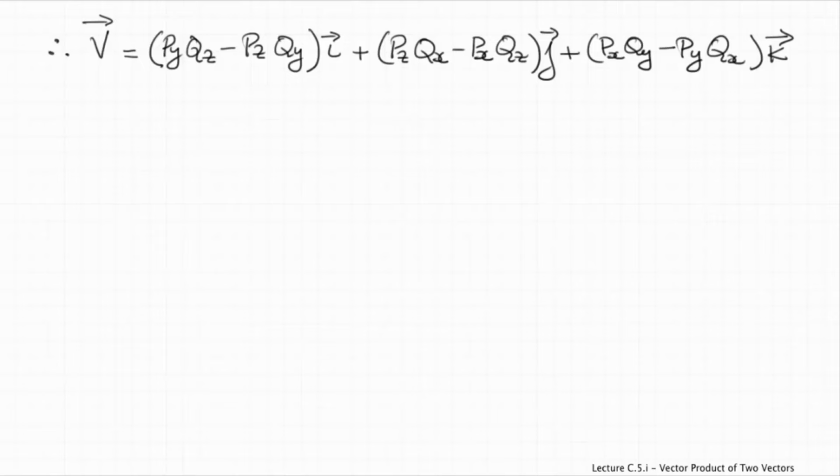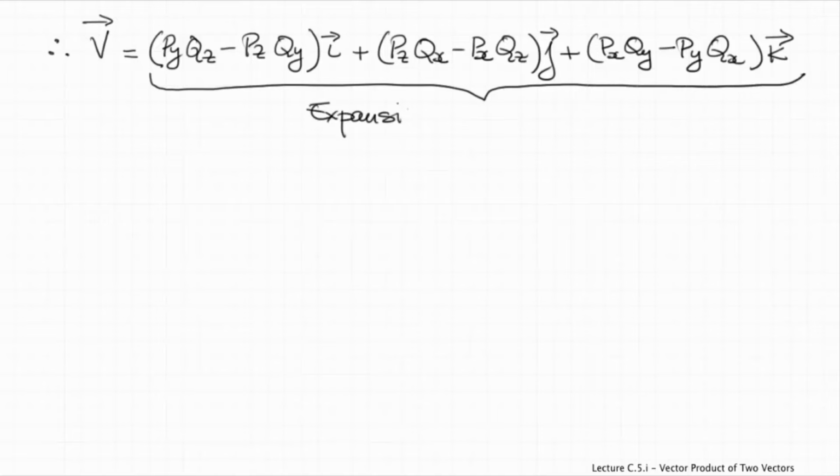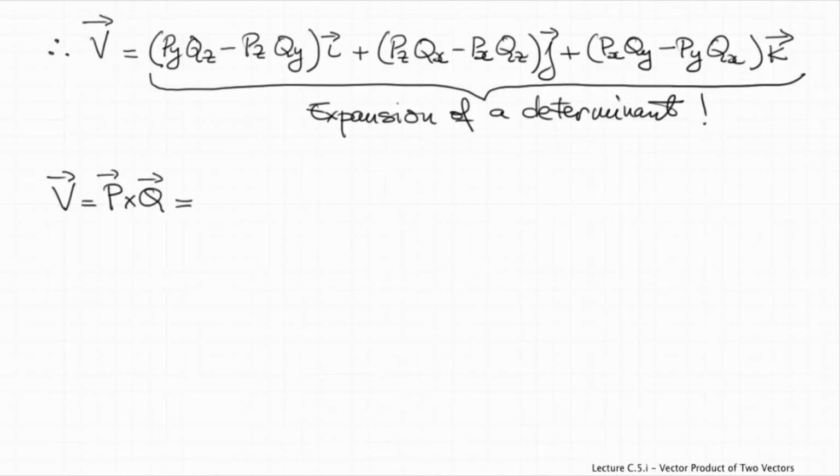If you carefully look at this expression and remember your algebra concepts learned in high school, you realize that this is nothing else than the expansion of a determinant. Remember, a determinant is a table, like a matrix, but unlike the matrix, the determinant is actually a number, so you can expand the table and obtain a number.